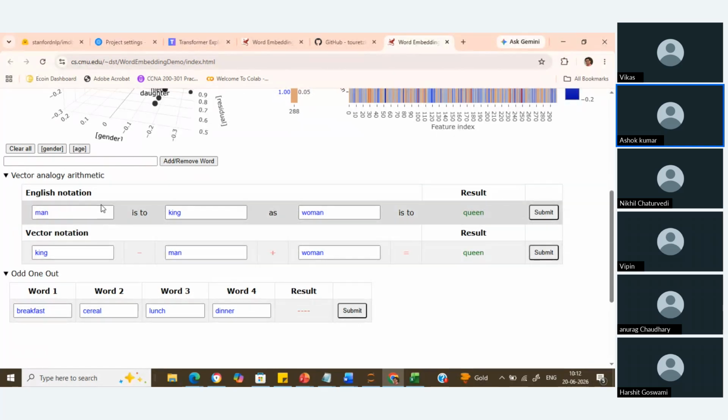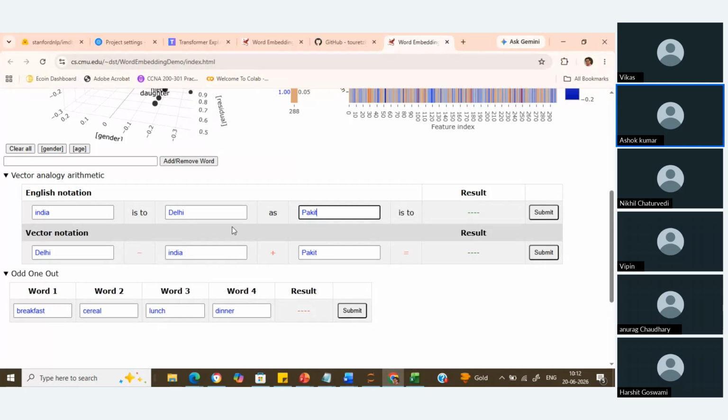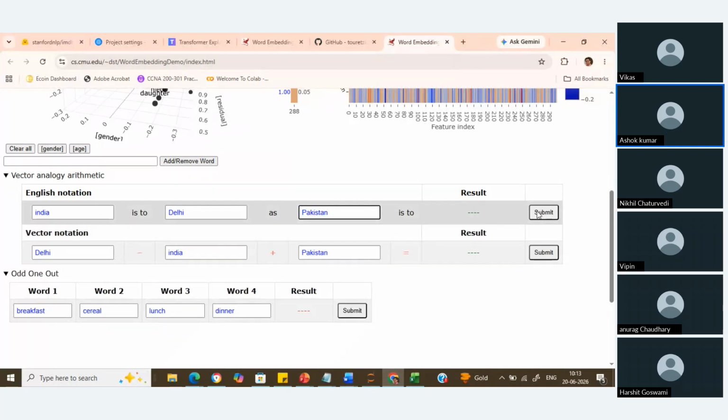Let me give you some more examples. If India is to Delhi, then Pakistan is to what? Let me see if it has that particular knowledge.